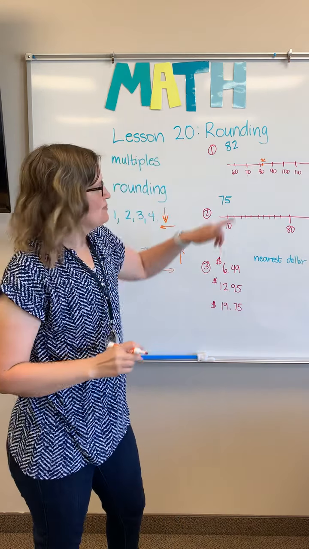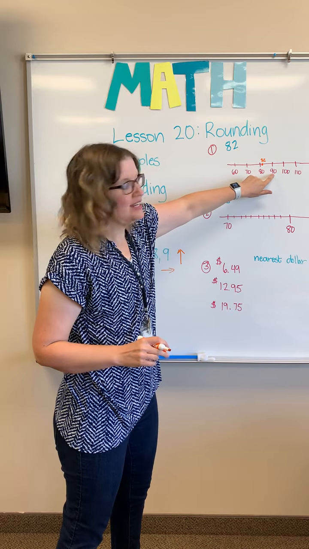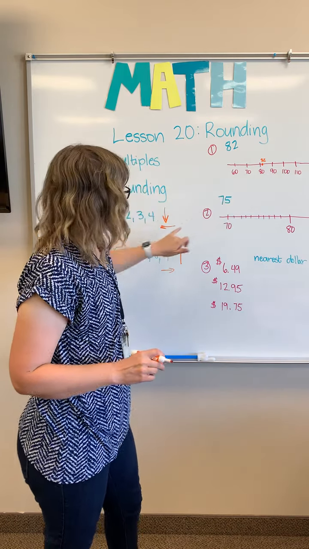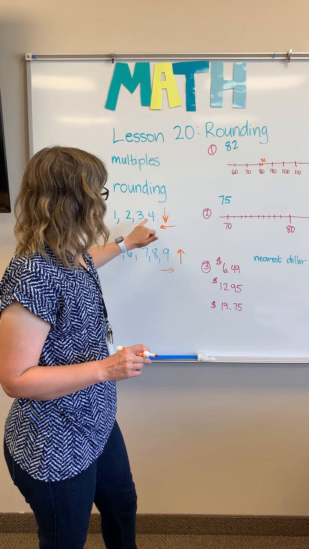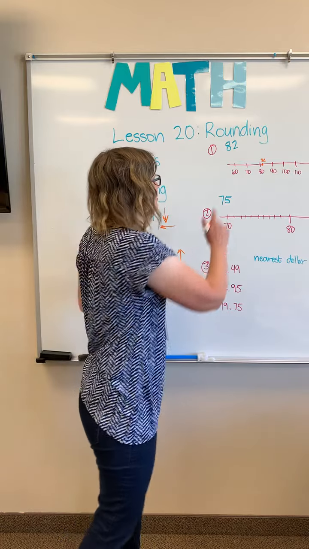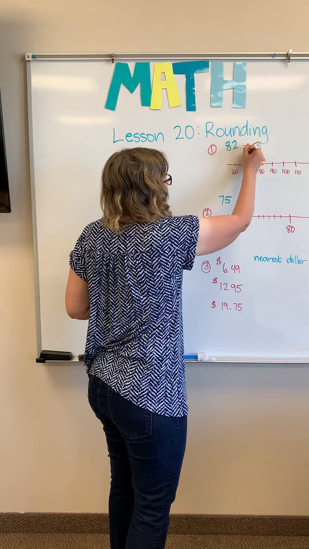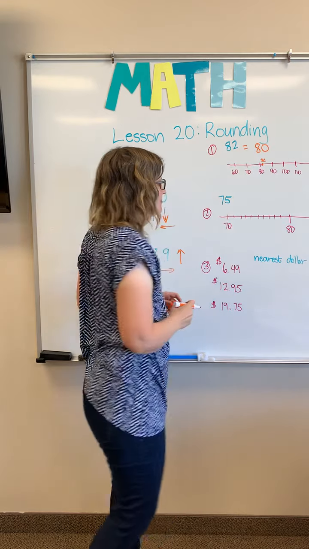And just eyeballing it, we can see that it is closer to 80 than 90. If we weren't really sure, we could also go back and look at our rules. If it ends in a 1, 2, 3, or 4, we go down to this number. So 82, when you round it, is rounded to 80.